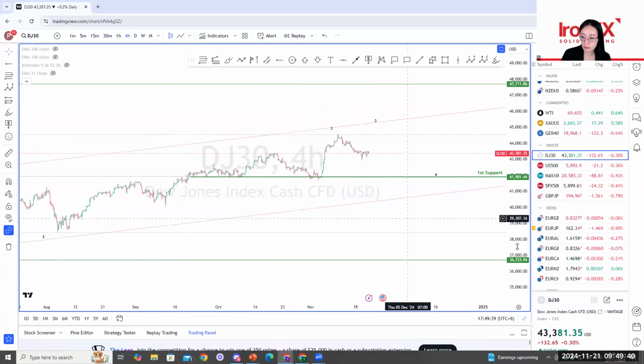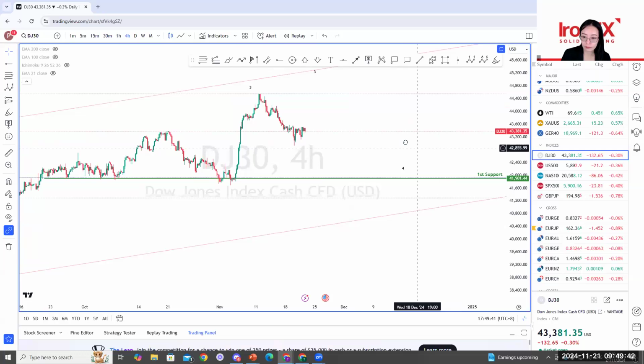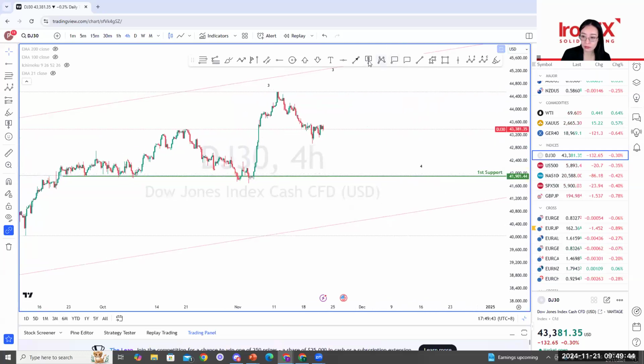Go to H4. Okay, you wait to buy at this zone.